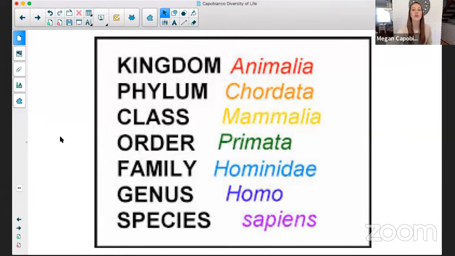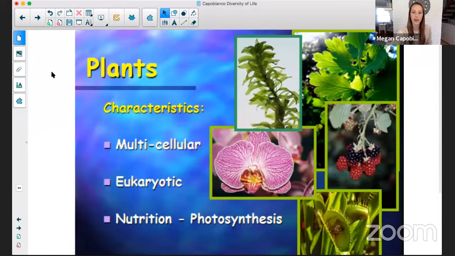All right. So before we prepare a slide, I'm just going to go to our next slide. And let's just quickly talk about some of the characteristics that would make something fall into the plant kingdom or something that would make it fall into the animal kingdom. First we're looking at plants here, and we can see some characteristics that they have. First of all, they are multicellular, meaning that they are made up of more than one cell.